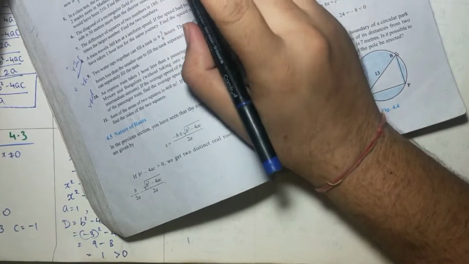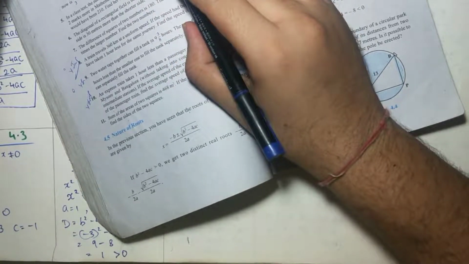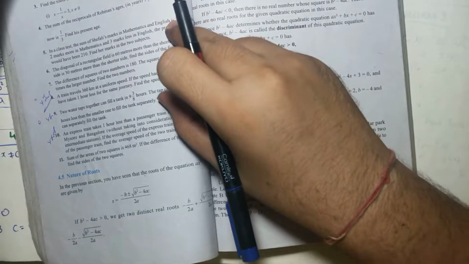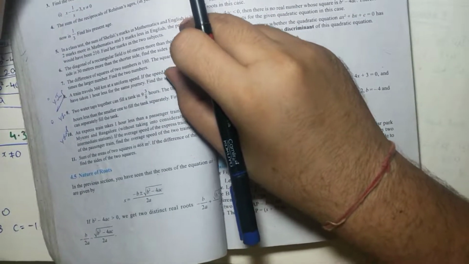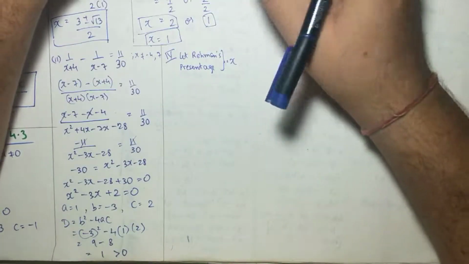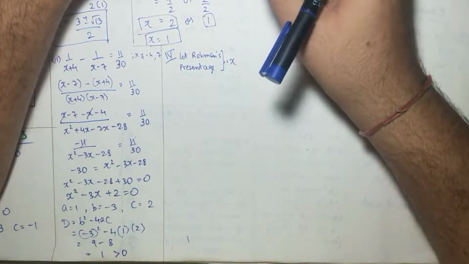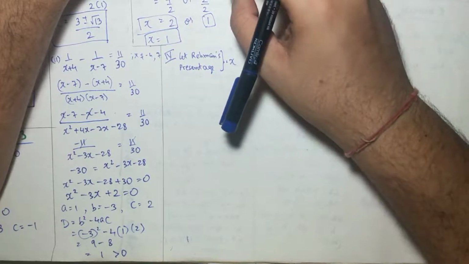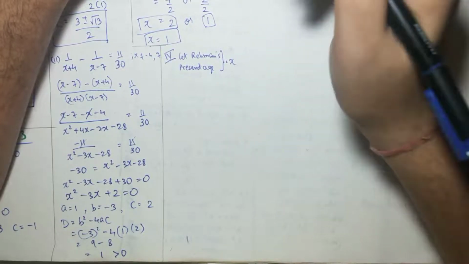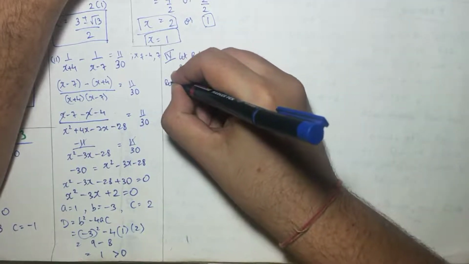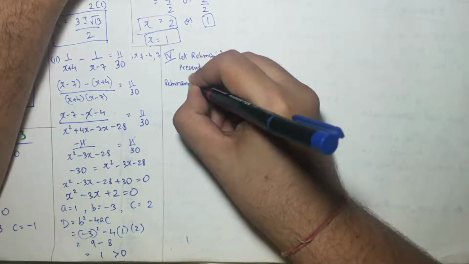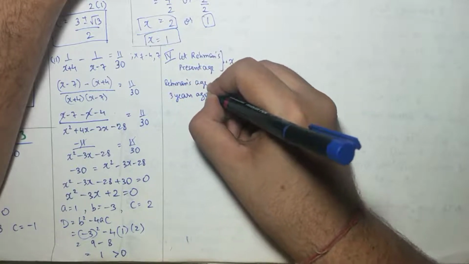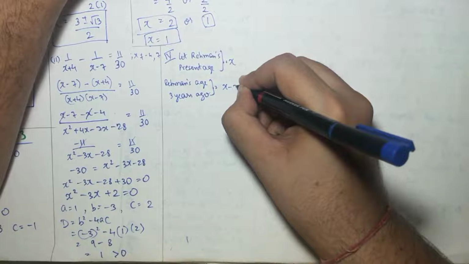The sum of the reciprocals of his age 3 years ago and 5 years from now is 1 by 3. If I take the reciprocal of his age 3 years ago and his age 5 years from now and add them, the answer will be 1 by 3. So Riemann's age 3 years ago, that was x minus 3.